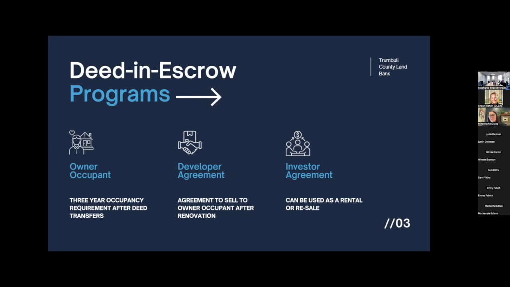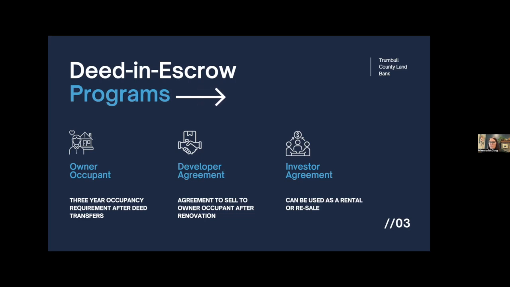And then finally, we have the investor agreement, which is pretty open-ended. So that still goes through the same program. We still have them follow the assessment that we have set up on our website, and then they're able to purchase that and they can either resell it or use it as a rental. Typically we don't have a lot of them.